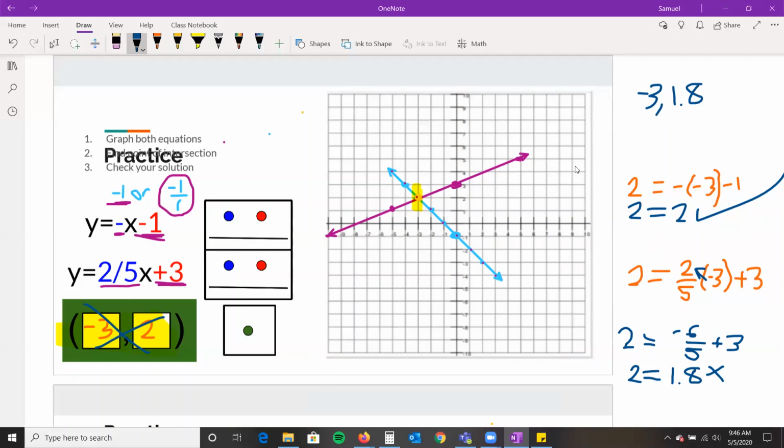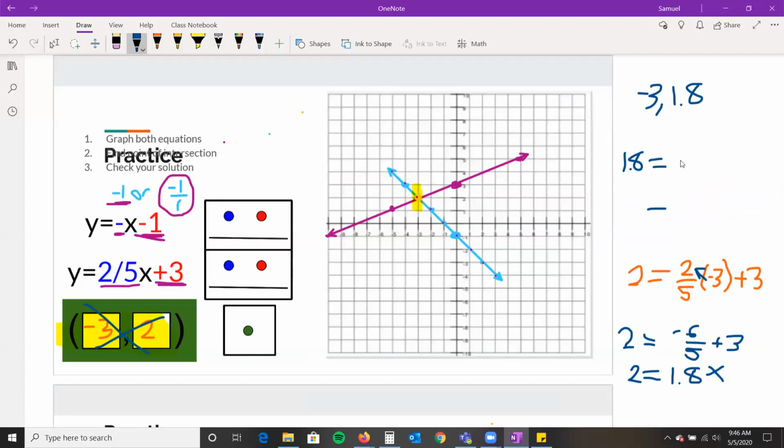Our x was -3 and our y was 1.8. So then we would plug that in. So let's back this up. 1.8 for the y.